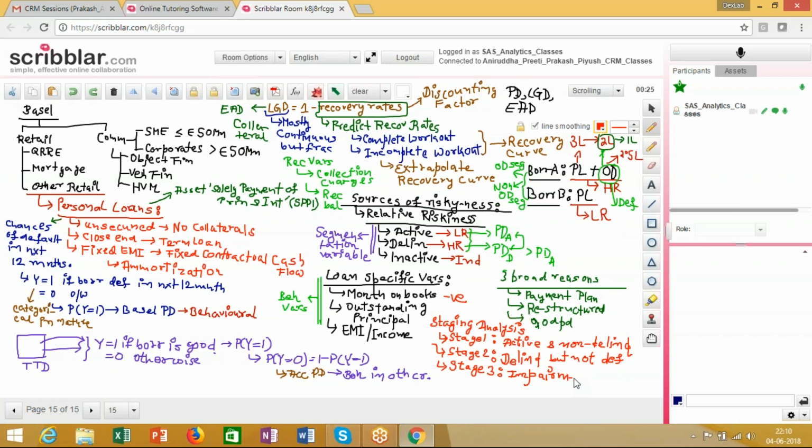Right? So basically, if I think about these three stages simply, what you will observe is that as you move from stage 1 to stage 2, and stage 2 to stage 3, you actually undergo a credit deterioration.